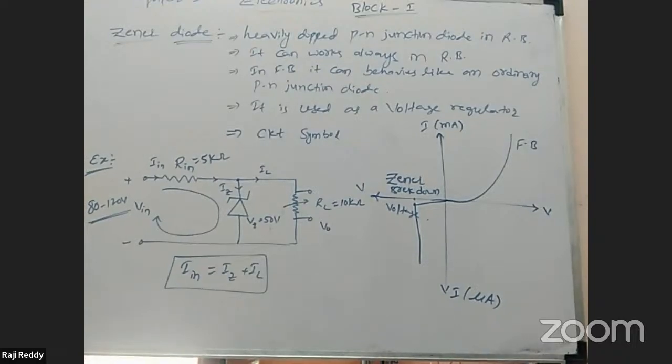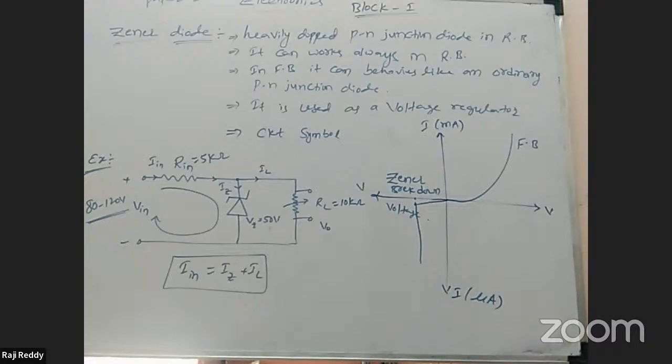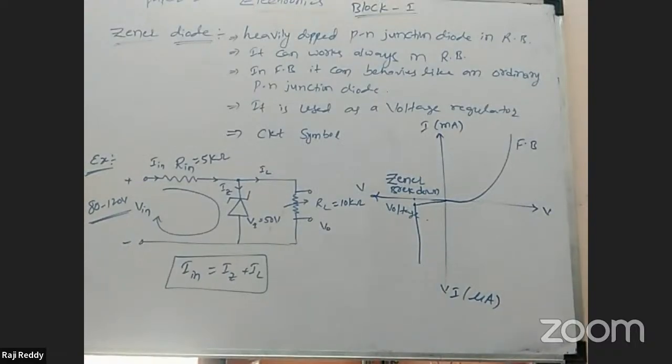You can say in another way, varicap diode. Voltage dependent variable capacitors. Their mode of operation depends on the capacitance that exists at the PN junction.